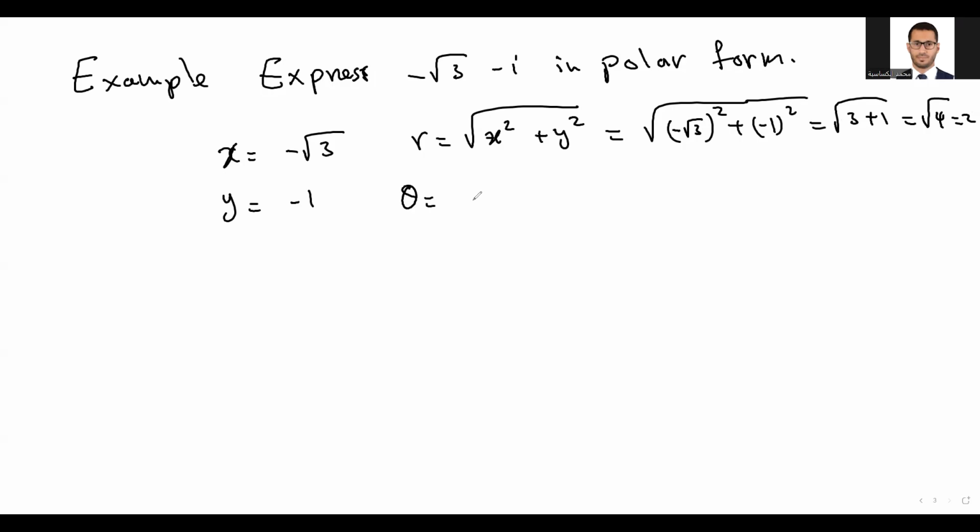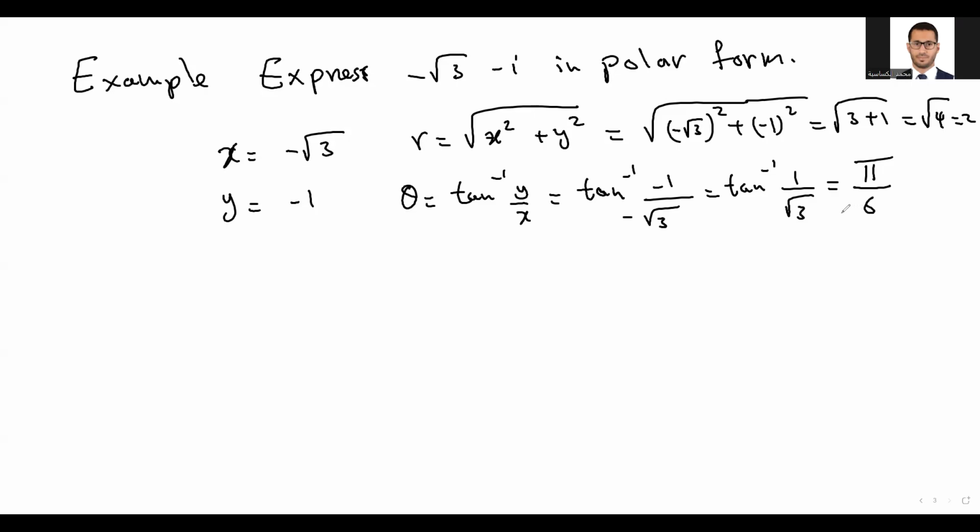For theta, it is arctan of y over x, which is arctan of negative 1 over negative square root of 3, which is arctan of 1 over the square root of 3. It is a very common one, the angle pi over 6.